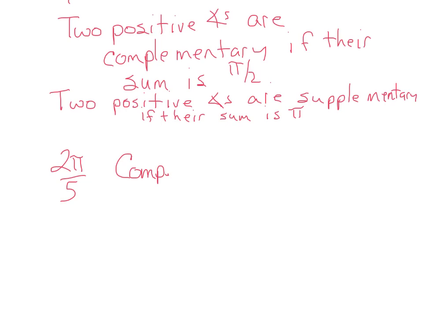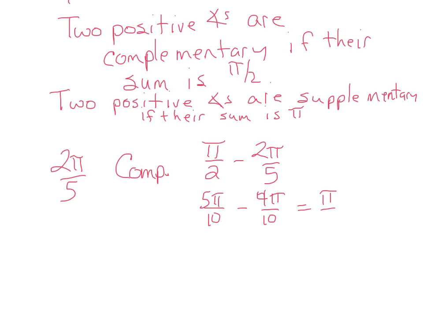So if I want the angle that's complementary to 2 pi over 5, I need to subtract that from pi over 2. So what do I have to do when I'm dealing with fractions? Common denominator. You never get away from that. So that's 10. 5 pi over 10 minus 4 pi over 10 is pi over 10. So our complementary angle to 2 pi over 5 is pi over 10.